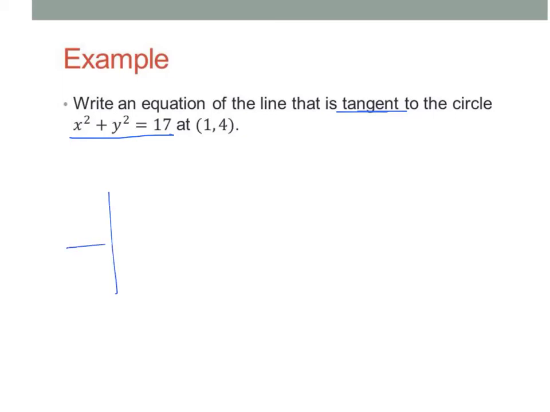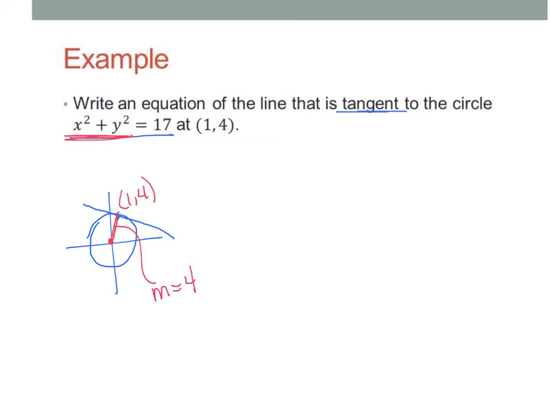So here's 1, 4, so I have some circle here. And so I'm going to have a tangent line, and I know that line has to be perpendicular to this radius. So can I figure out the slope of that radius, knowing that in this form it goes through the origin, so I have 0, 0, and I have 1, 4, so that looks like up 4 over 1, so that has a slope of 4.